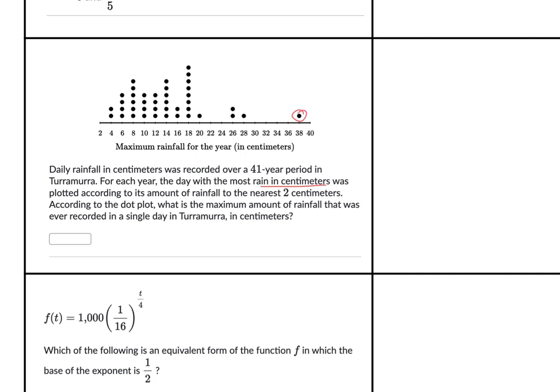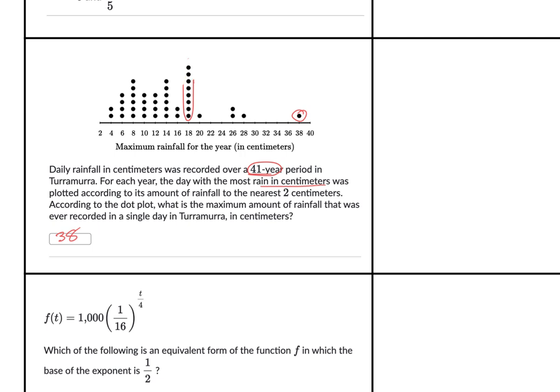This is the maximum amount of rainfall that was ever recorded in a single day in Turramurra over the last 41-year period. So the answer is 38. Okay. Now, what some students might do is say, oh, 18 has the most, so that's the maximum.